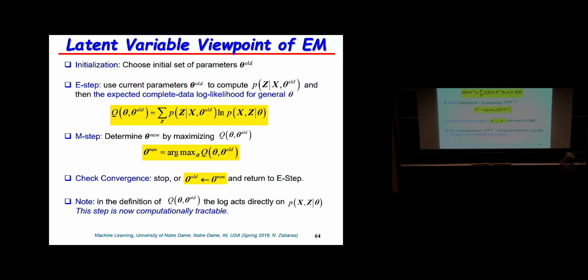So this is the expected complete data log likelihood. Expected, you can see the expectation, complete data x and z, log likelihood. Okay? And that's the E step. And then what we do in the M step, we basically compute the parameters theta that maximize this expected complete data log likelihood. And then we keep iterating until theta and the responsibilities here converge. Okay?